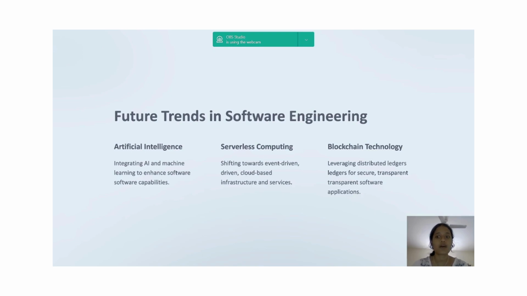DevOps and such practices will become more prevalent and will improve collaboration and delivery speed too. And then we have blockchain technology and the IoT. They will drive the development of distributed systems, and no-code platforms will democratize software development.